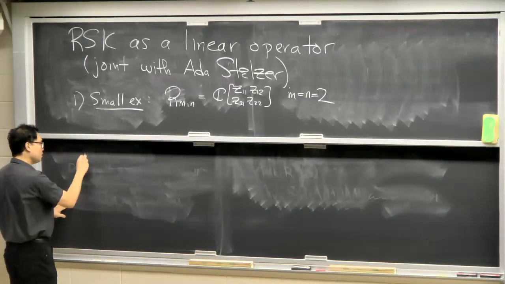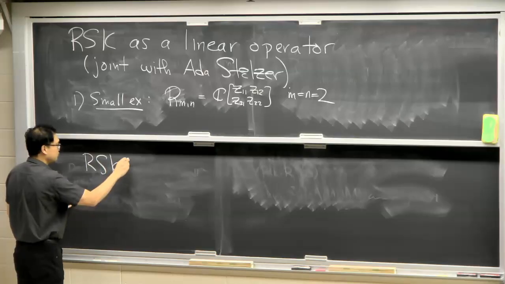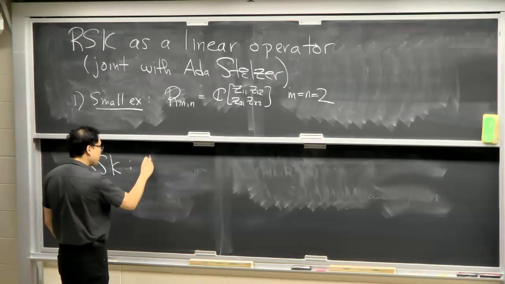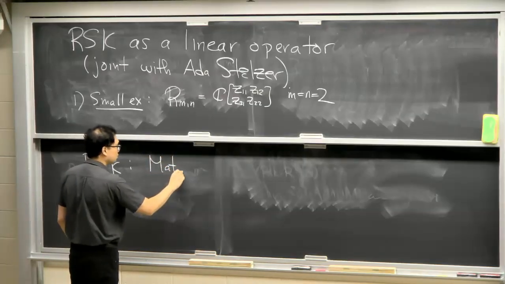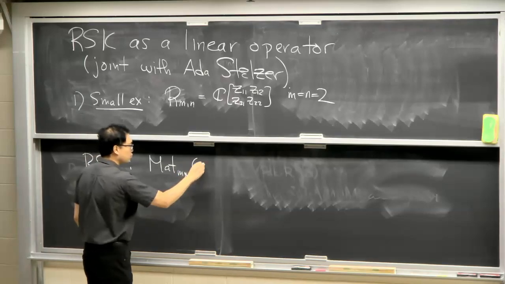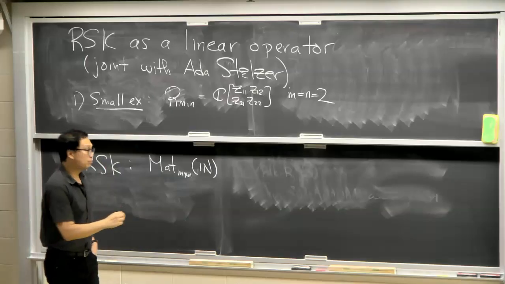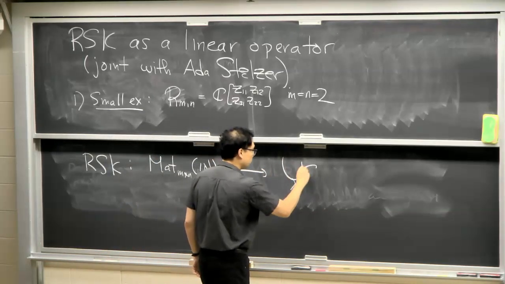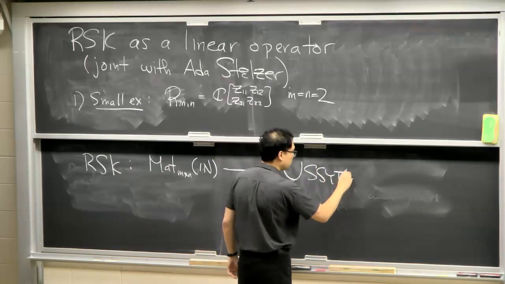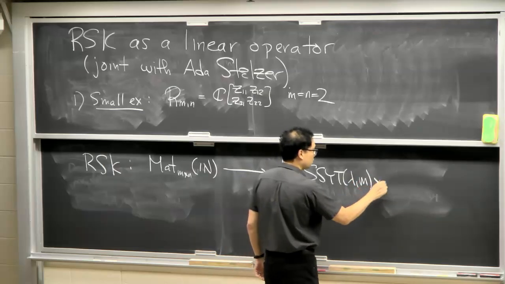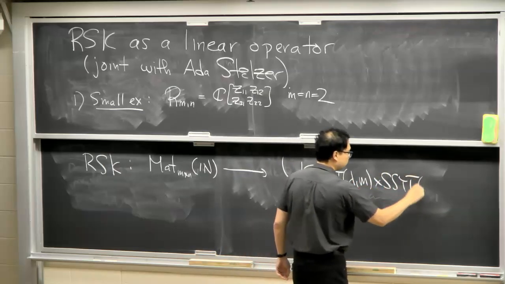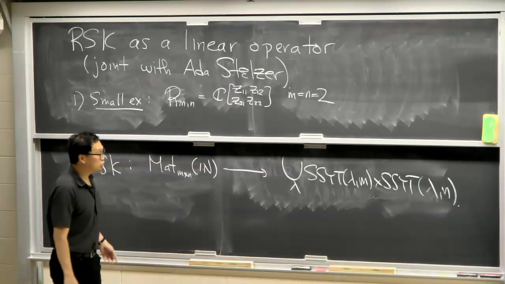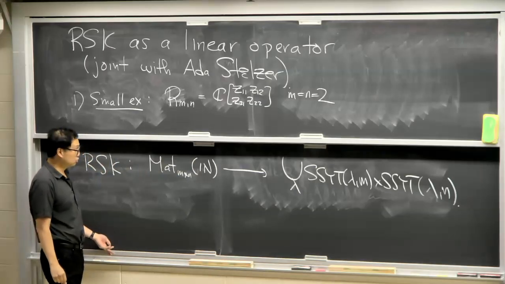So usually RSK is a set bijection between matrices with non-negative integer entries and pairs of semi-standard Young tableaux. And just to show you 2 examples.